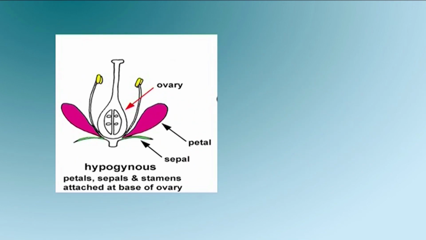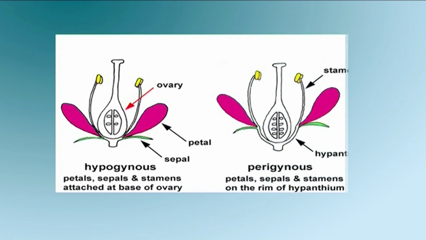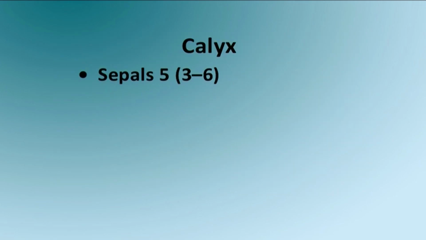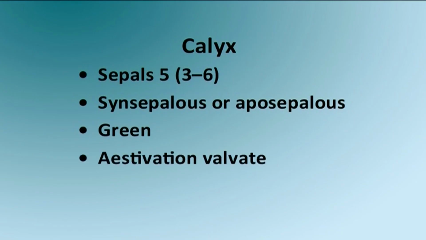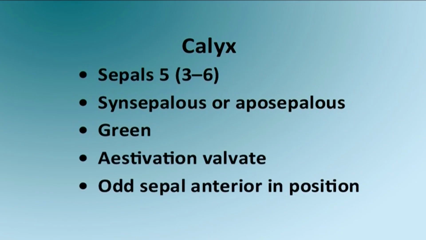Carpel is superior, single, hypogynous or perigynous. Now the calyx. Sepals are 5, they can be 3 to 6, synsepalous or aposepalous, green. Aestivation is valvate, odd sepal anterior in position.